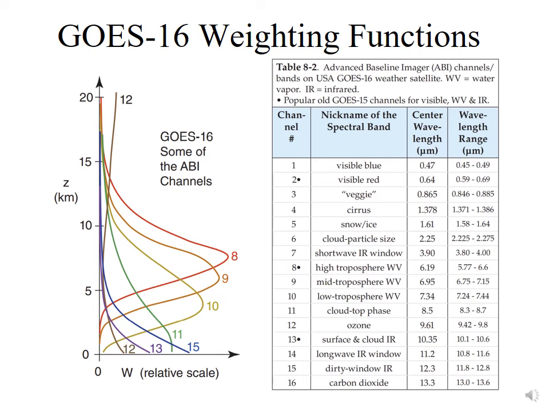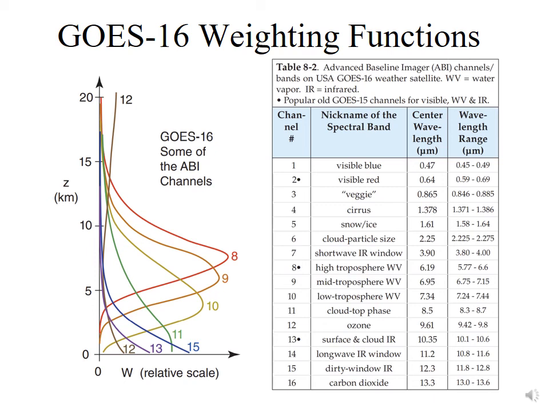Likewise, channel 10 is also sensitive to water vapor, and the weighting function indicates that it's most sensitive to water vapor below 5 kilometers, so we refer to that as the low tropospheric water vapor channel. The shapes of 8, 9, and 10 are essentially the same, but they're focusing on different altitudes. So you can get water vapor information about different layers in the atmosphere.